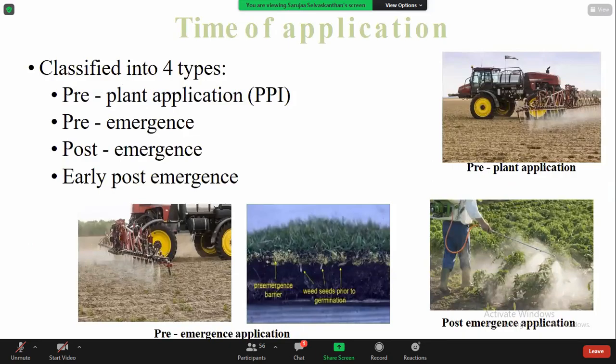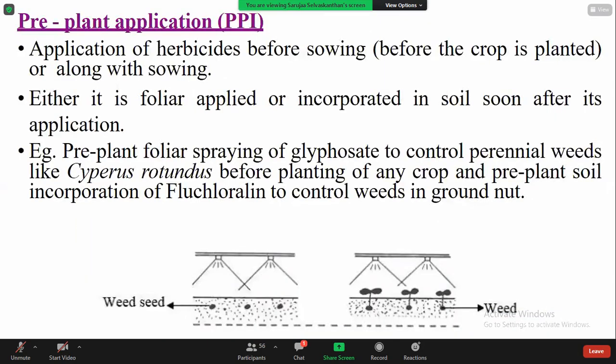Then time of application. It is classified into 4 types: pre-plant application, pre-emergence, post-emergence, and early post-emergence. These are some pictures also. Pre-plant application means applying the herbicide before sowing, before the crop is planted in the field.